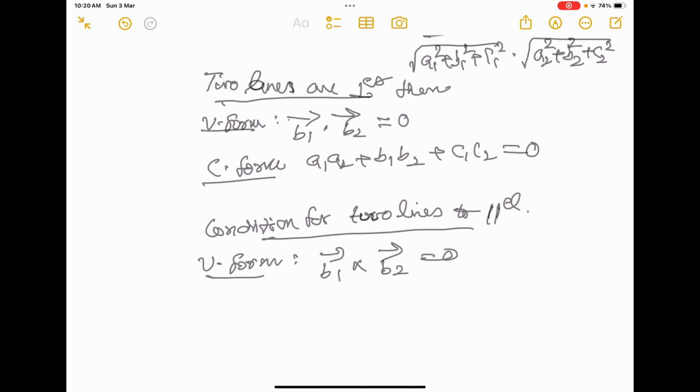Or another condition for parallelism, vector b1 equal to lambda into vector b2, where lambda is any constant.